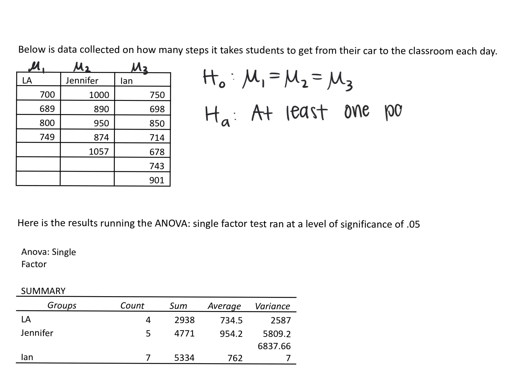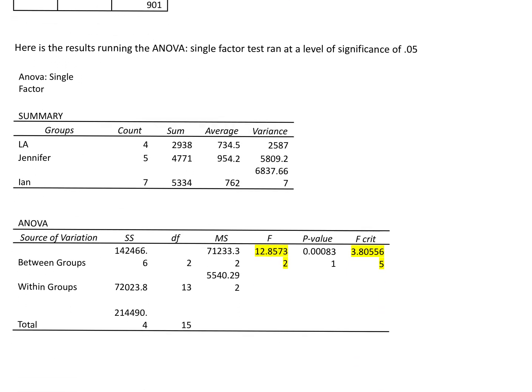And then my alternative hypothesis is that at least one pair is significantly different. Then you would run your ANOVA test. I went ahead and ran the ANOVA test with a level of significance of 0.05, and we have our results.